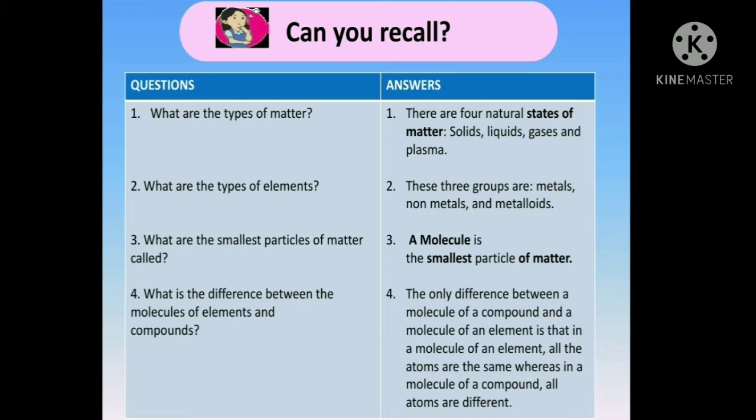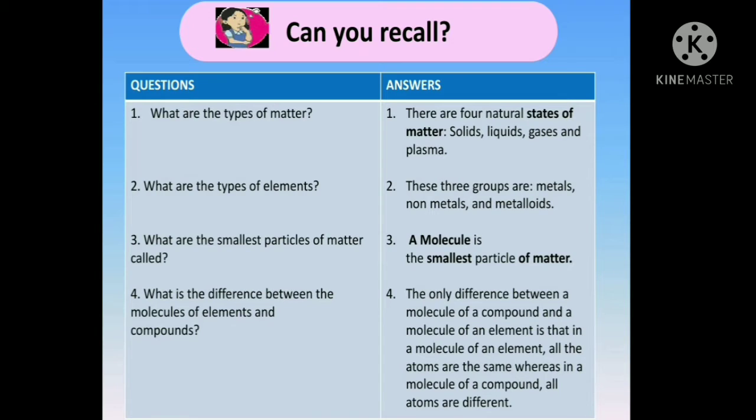For example, oxygen. If I am talking about a molecule of oxygen, all the atoms in this molecule, that is O2, are the same. Another example is Cl2. When I say chlorine molecule, both atoms are purely of chlorine.